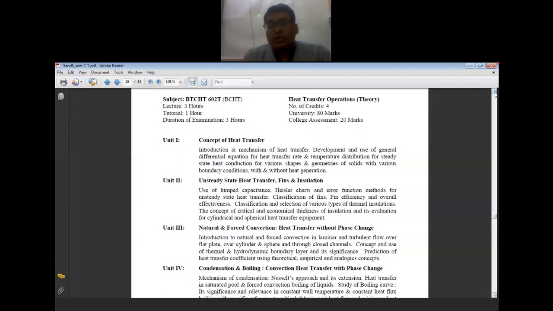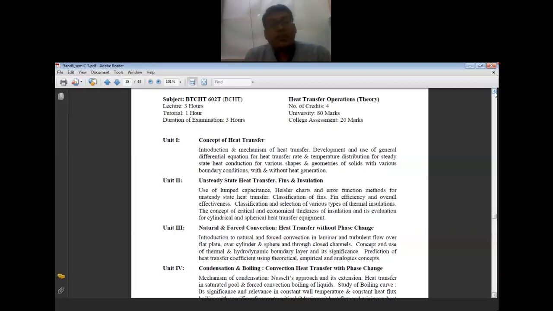First we will try to develop this general equation in the Cartesian coordinate system, then the cylindrical coordinate system, and then the spherical coordinate system. That means we are going to develop this general differential equation for heat transfer, which is considered to be the basic equation for understanding heat transfer.